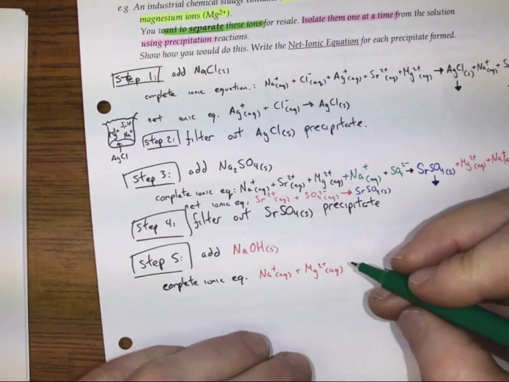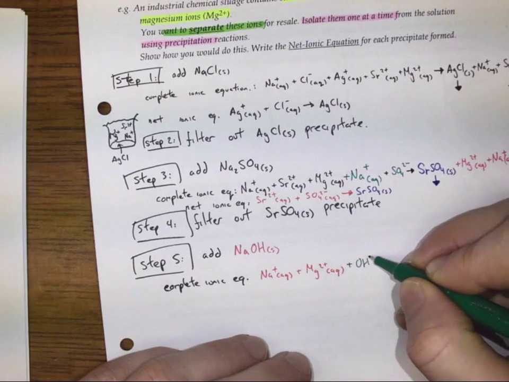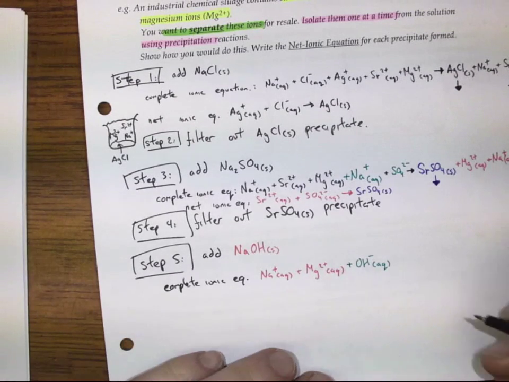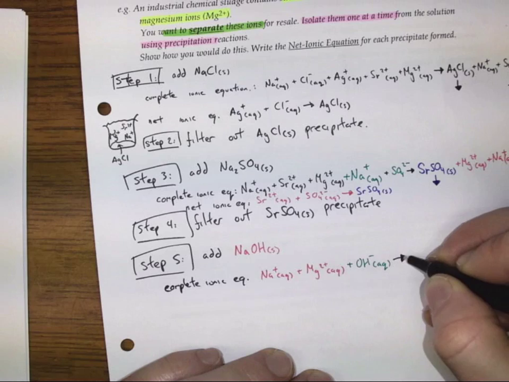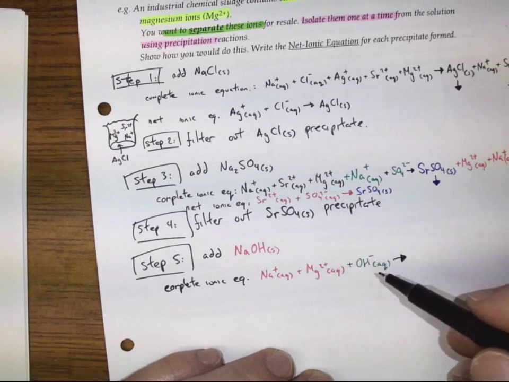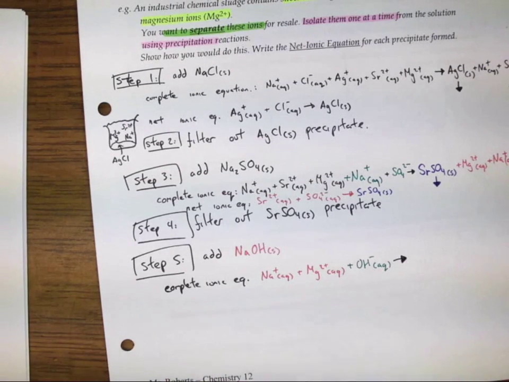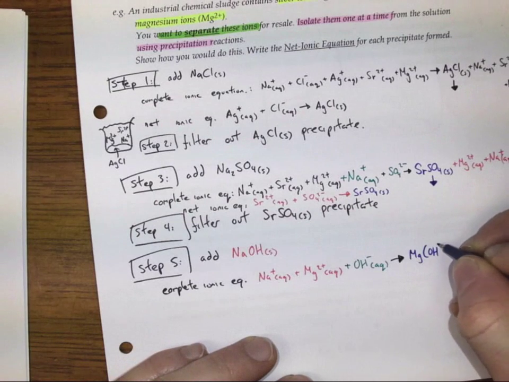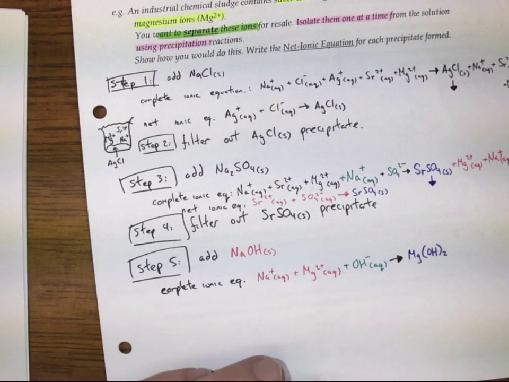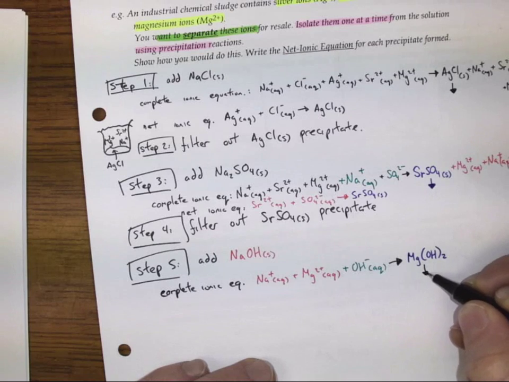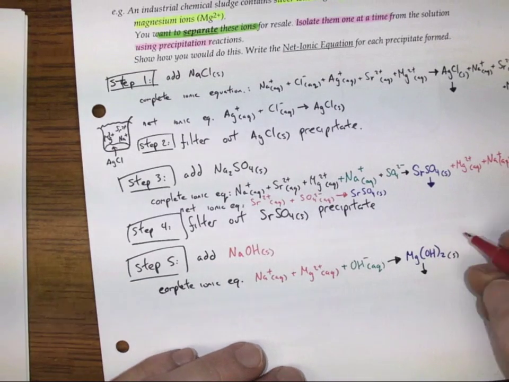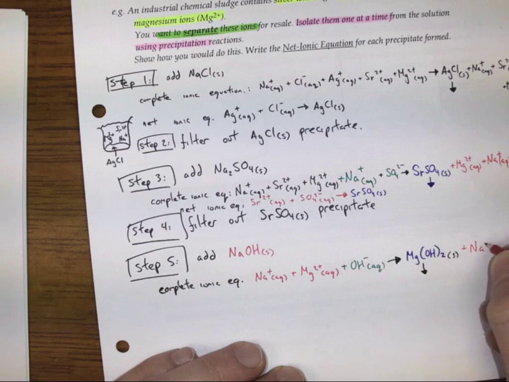That's going to be the new substance. And that's going to react, and the magnesium and the hydroxide are going to fall out of solution. So we're going to get a magnesium hydroxide, also known as milk of magnesia solution. It's going to fall out because it's solid. And you're left with sodium in your solution.